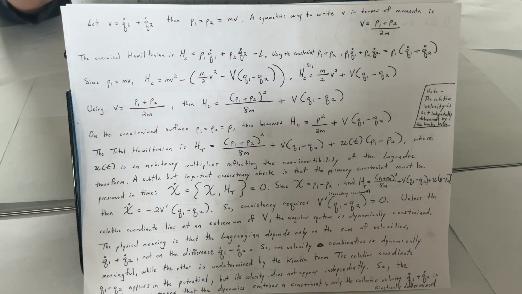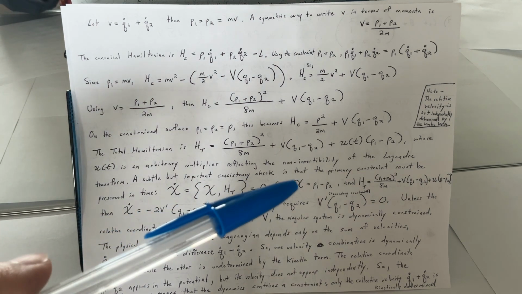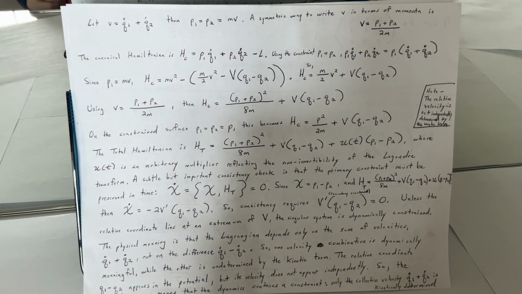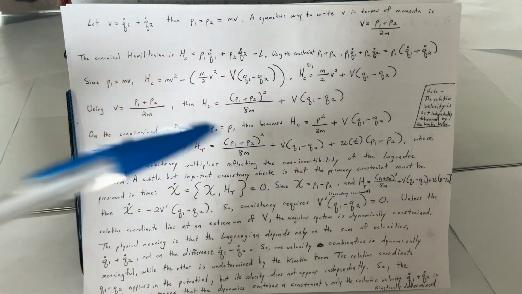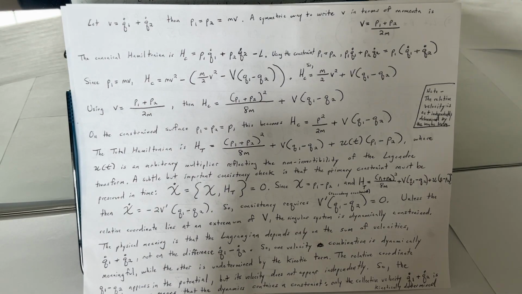And a subtle but important consistency check is that the primary constraint must be preserved in time. Okay, so we have this Poisson bracket of chi and H_T equals 0, and since chi equals p1 minus p2, and H_T equals the quantity p1 plus p2 squared over 8m plus V times quantity q1 minus q2 plus u times the quantity p1 minus p2. My apologies for that condensed space there.